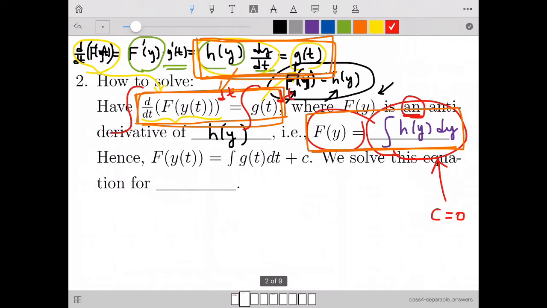Okay, so when we do differentiation and then integration, we get the original function back with a constant c, and then we will move that constant to the other side, and the integral of g of t is there, g of t dt is here.